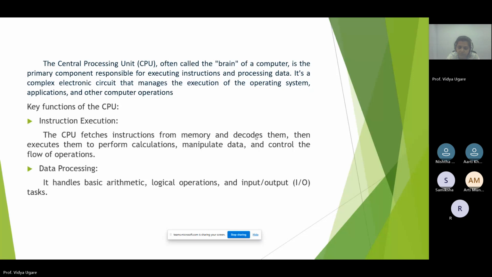Anyone? Machine language. That is binary language, right? So it decodes in binary language, performs the calculation, and then gives the data.